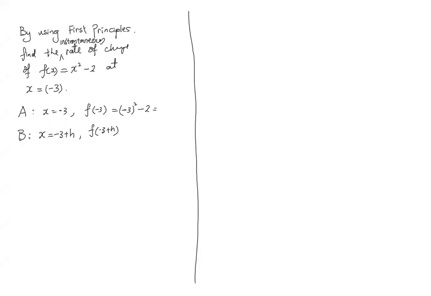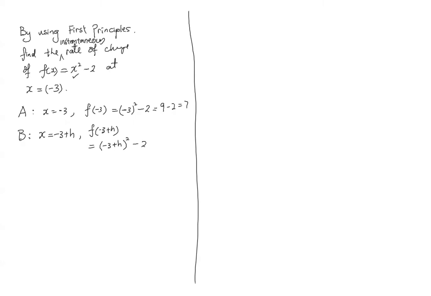Is it -11 or 7? 7. Yes, 9 minus 2, which is 7. How about f(-3 plus h)? It is (-3 plus h) squared, so I have to follow the function, then minus 2.